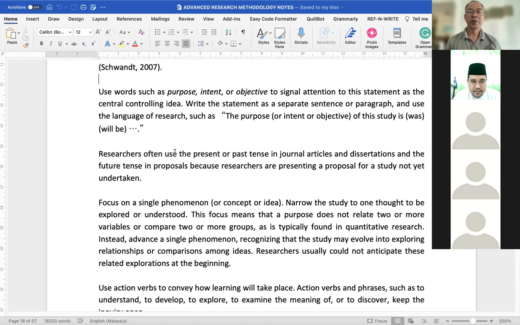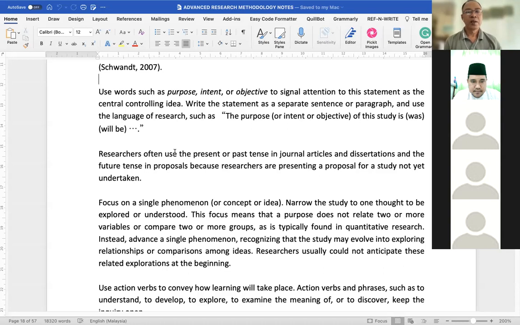In proposals, or you can also use the present tense. Usually at the early stage, the researchers use future tense because they want to study something that is not yet undertaken.